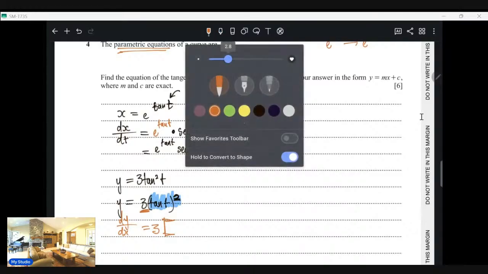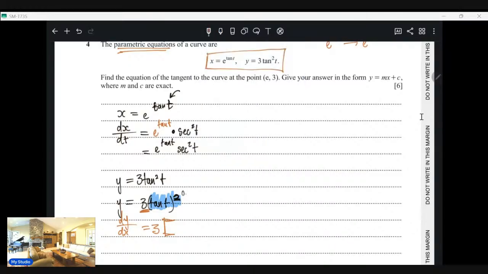We start with the outside, which in this case is the power, because the power is just a number. It's not on the inside. So you start with the outside function. How do you differentiate the power? You drop it down, then it reduces by 1. Inside, it's still tan t, but it's now to the power of 1. Then you multiply by the derivative of the inside.